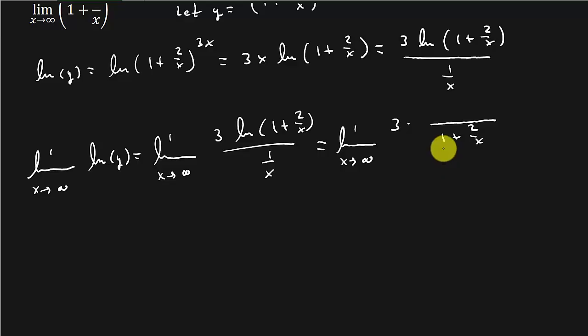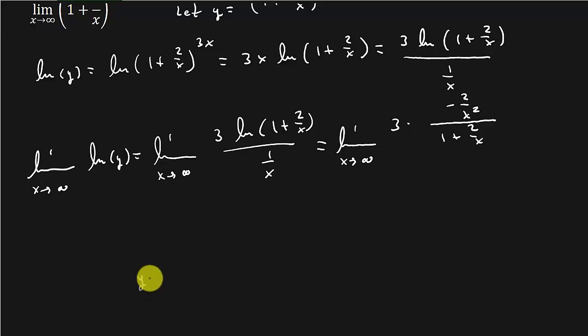The derivative of 1 is 0, and the derivative of 2 over x is negative 2 over x squared. Anytime you have some number over x, like 1 over x, 2 over x, 3 over x, and you take the derivative, it's going to be negative that number over x squared.